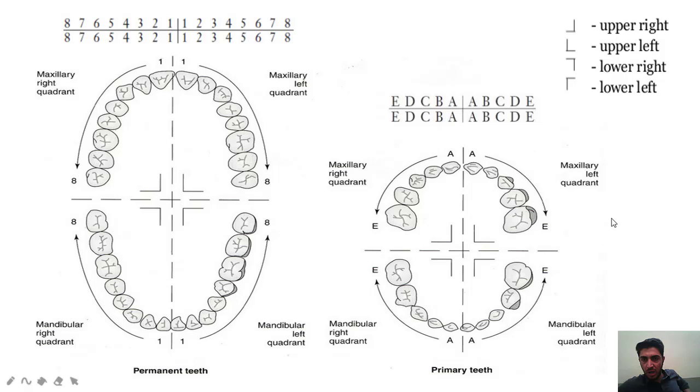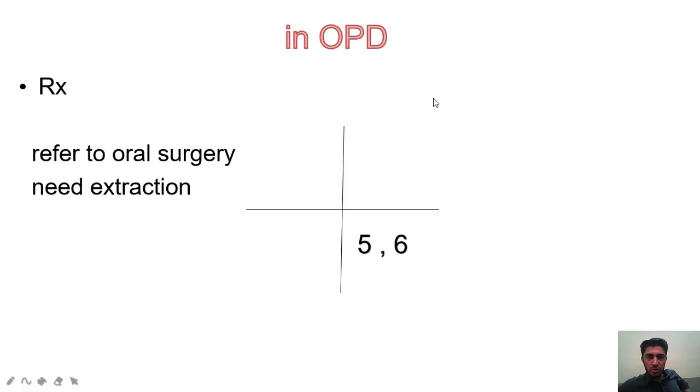Now I will tell you how it is used. Most of the time I have seen in our OPDs also that during the diagnosis they write this kind of symbol. If we divide it like this, it also divides the oral cavity into the 4 quadrants, and we write these teeth.